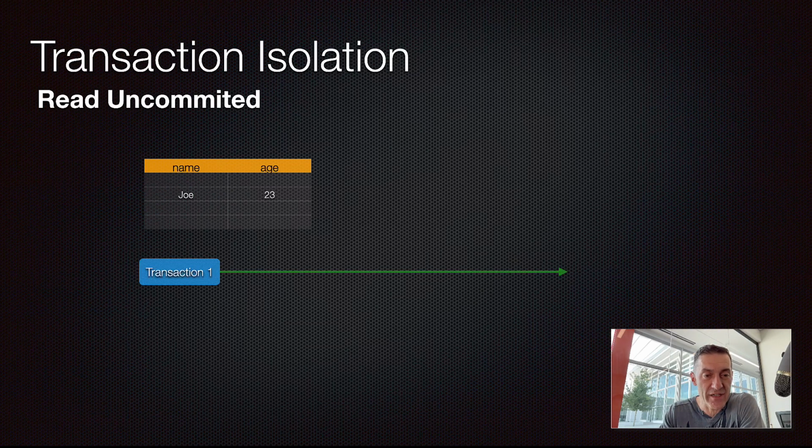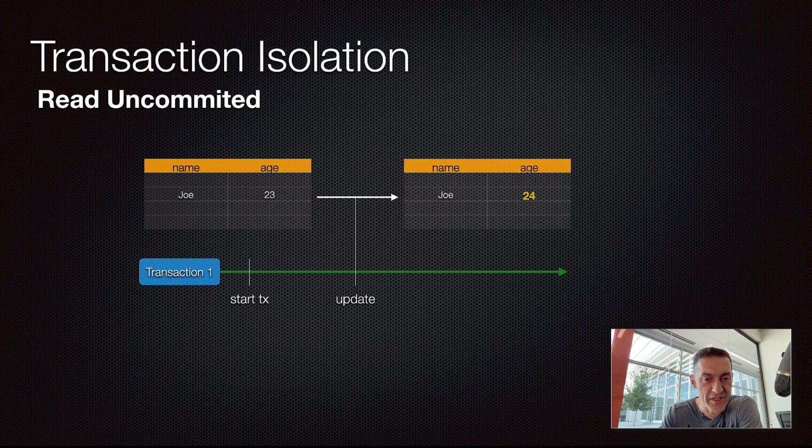Let's consider that transaction 1 starts, and in all of these diagrams that I created, this green line will represent time, and various events occur on the timeline. Transaction 1 starts and performs an update of that record. So the age changes from 23 to 24.